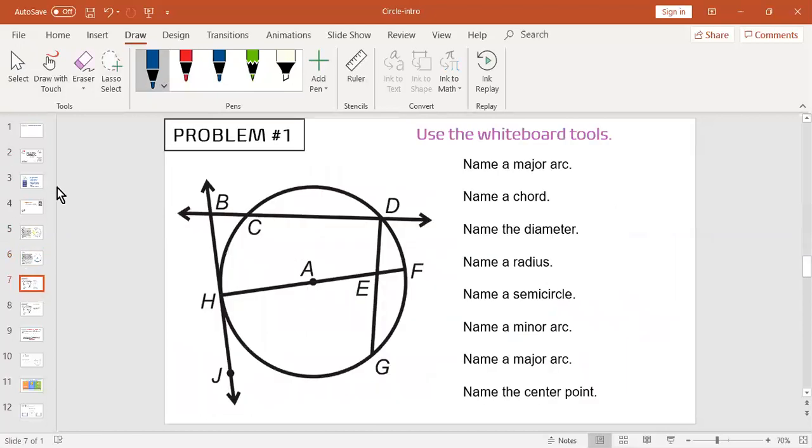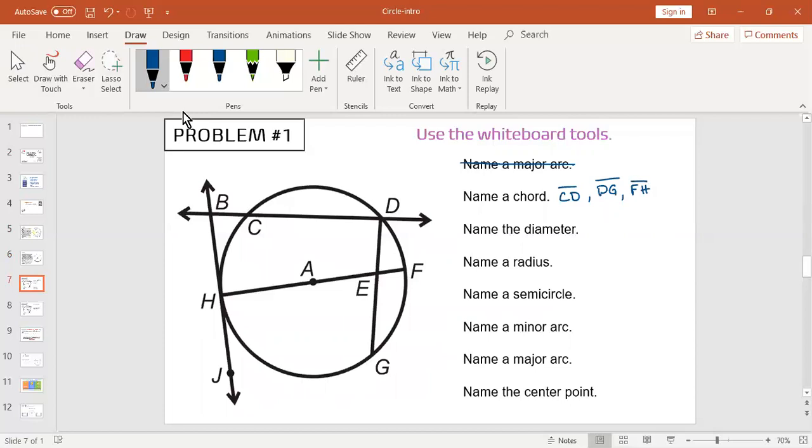All right, so I had planned on giving you guys access to whiteboard tools and letting you name some of this stuff, but I'll have to do it myself now. And I put this one on here twice, so I'm just going to cross it off. So for a chord, we could say DC. I could say DG. I can even say the diameter FH.